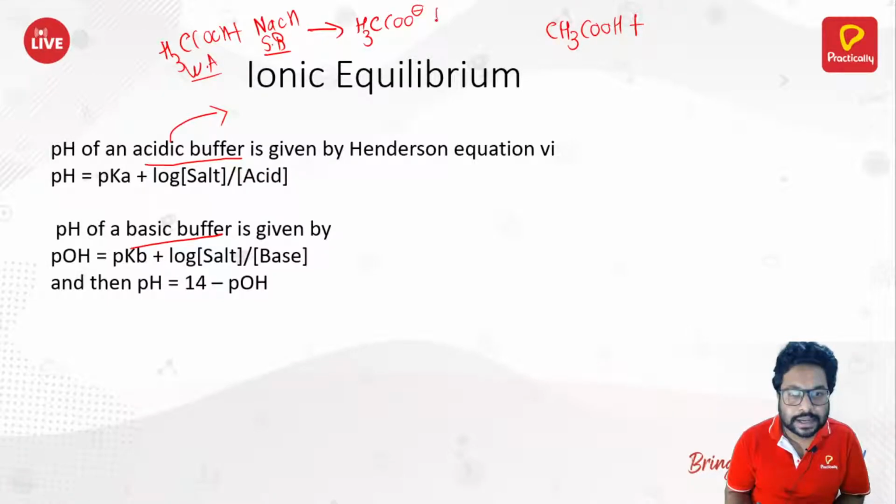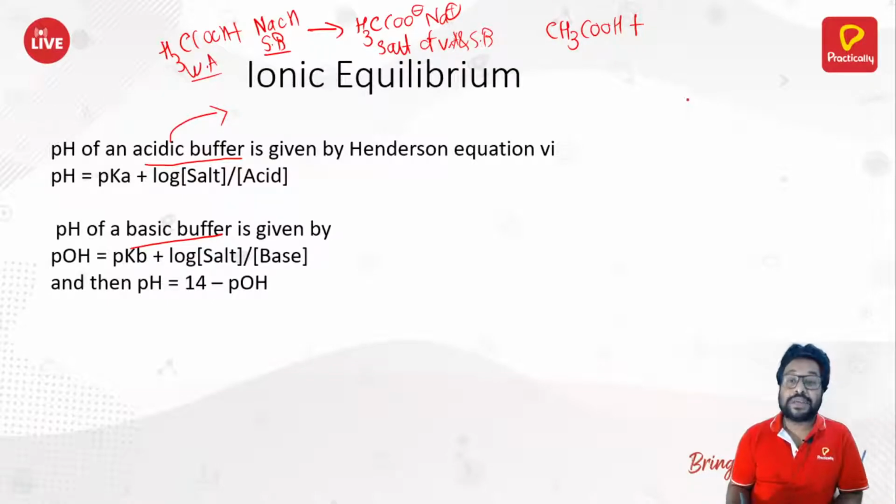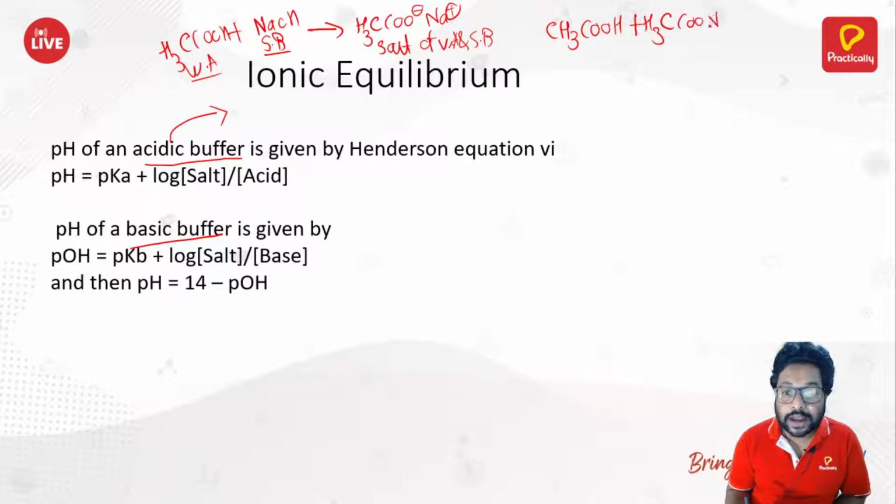Water goes out and what will remain is CH3COO minus Na plus. This is a salt of a weak acid and a strong base. So that is how the mixture of acetic acid and CH3COONa is called an acidic buffer.